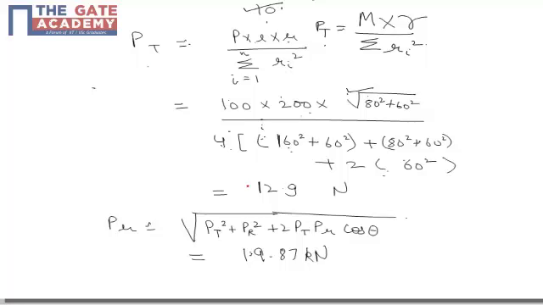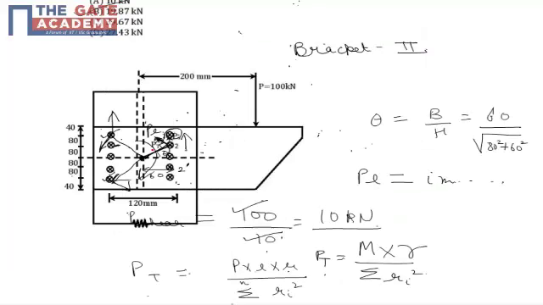P tangential comes out as 129 kilonewton, and if you talk about P resultant, it is PT square plus PR square plus 2 PT PR cos theta, where theta is the angle of action between the tangential force and the direct shear force, and this will obviously be equal to this theta, because this angle is 90, this angle will be 90 minus theta. This complete angle on the opposite side has to be 180, making this theta.